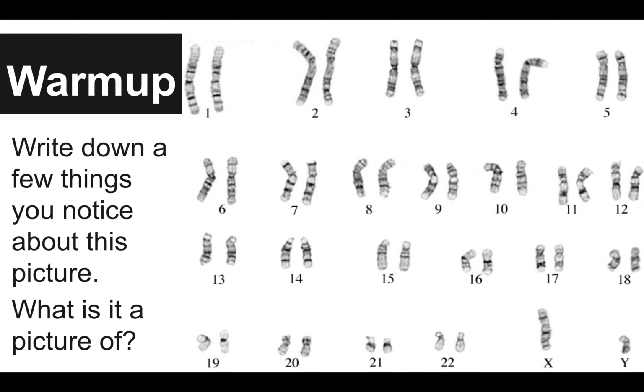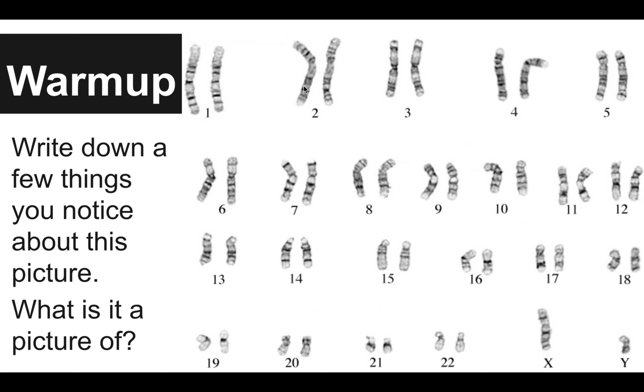Okay, so hopefully you've written down a few things. Obviously, I can't call on anyone about things you've noticed, but hopefully you've said something like, oh, these are chromosomes. We have 23 pairs of chromosomes. You can see these little black and white stripes here.